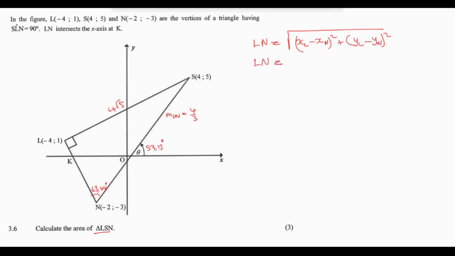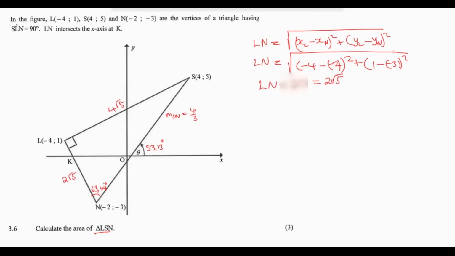So LN is equal to, right, x at L, that is negative 4, minus negative 2, and then all this squared, plus y at L, which is 1, minus y at N, which is negative 3, squared, right? And then you can put this in the calculator. LN is equal to 2 root 5.